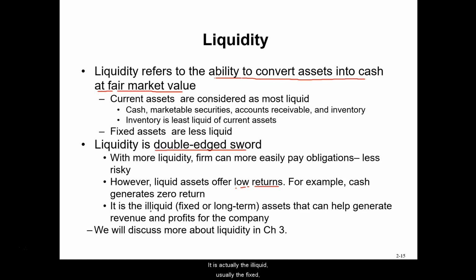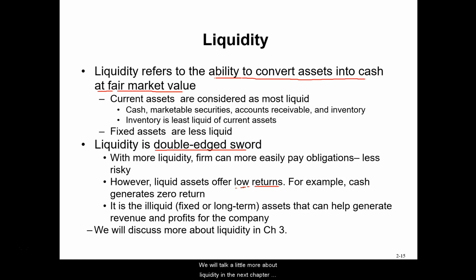It is actually the illiquid, usually the fixed or long-term assets, that can be used to generate revenue and profit for the company. So we are looking at a trade-off between liquid assets that are less risky but low return, versus the illiquid assets that can generate return but have low liquidity, or say maybe a little bit higher risk.